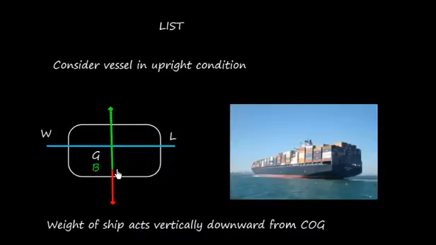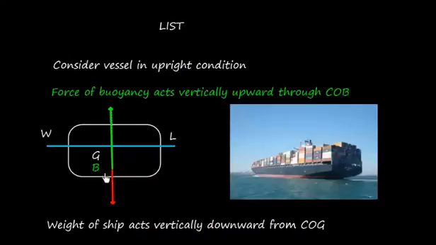The force of buoyancy will act vertically upward through B. So we say this B is the center of buoyancy, and the force of buoyancy acts vertically upward through the COB, that is the center of buoyancy, which is nothing but the geometrical center of the underwater volume.